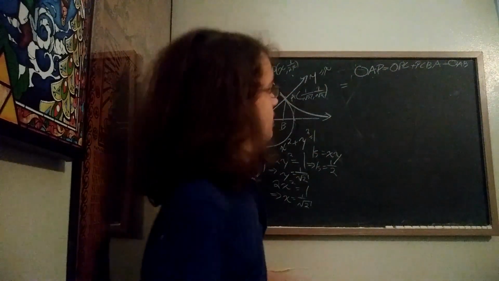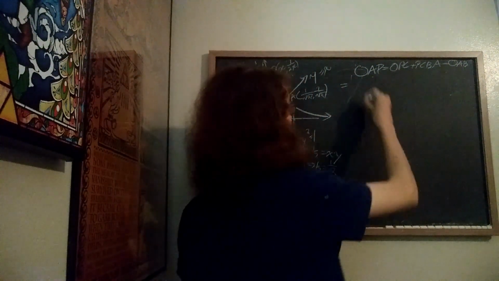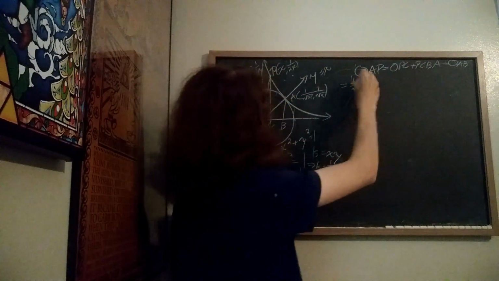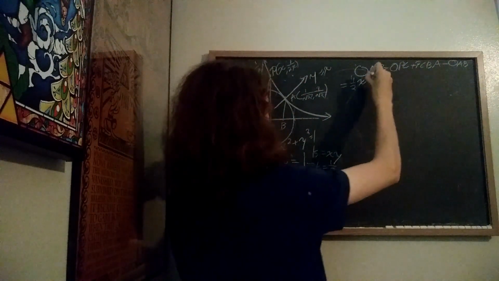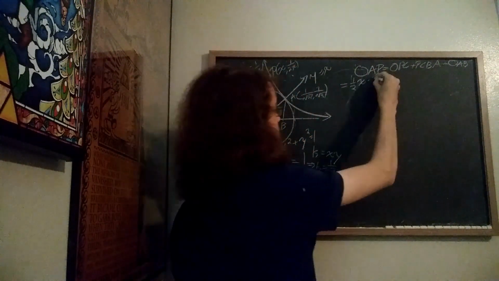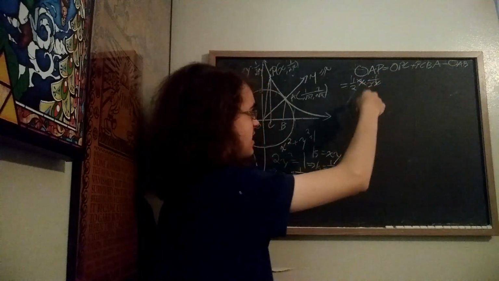And so I'm going to find OPC and OAB first. OPC is going to be the area of a triangle, 1/2 base times height. So it's going to be 1/2 times the base, which is just x, right, because it's point P. OC would be x, times y, the y value of this, which would be 1/2x. So the x's would cancel, and this just becomes 1/4.